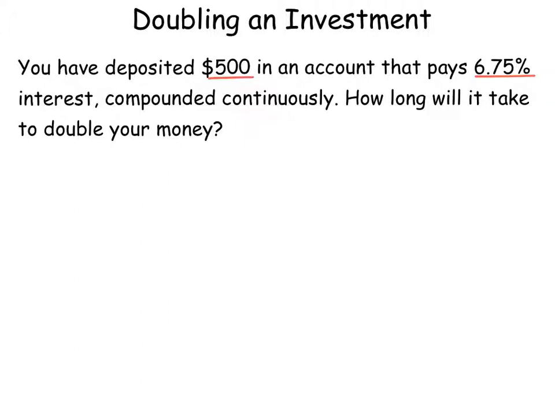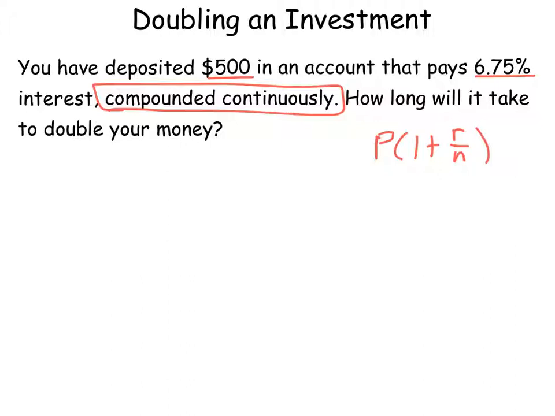The interest rate, this is huge. We covered that earlier as to what compounded continuously means. There's two ways we could approach interest problems. One is if it has a compounding period, which we had said would be your principal times 1 plus your rate over your compounding period, to the nt power.